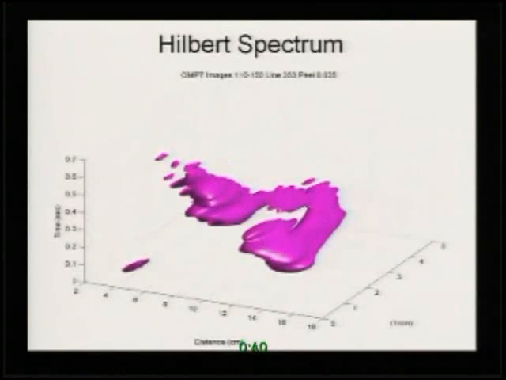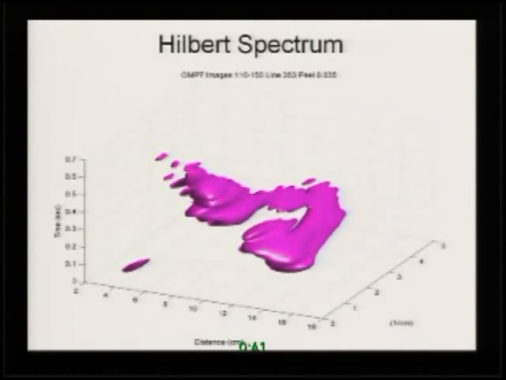And this is the only way that I know of to get a Hilbert spectrum of a picture. But this picture looks very interesting, there are some higher energy, some different energy levels.